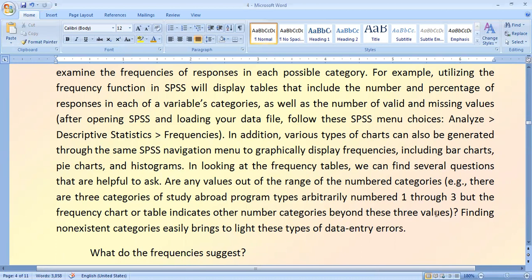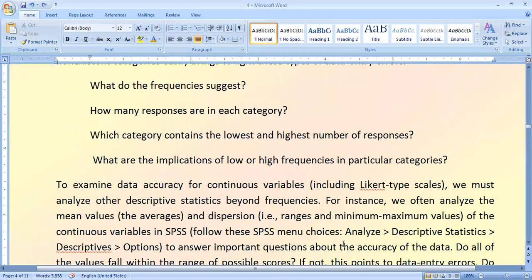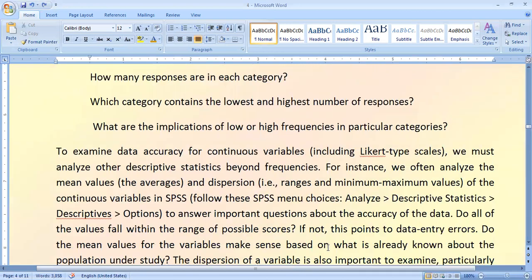Finding non-existent categories usually brings to light these types of data entry errors. What do the frequencies suggest? How many responses are in each category? Which category contains the lowest and highest number of responses? What are the implications of low or high frequencies in particular categories?